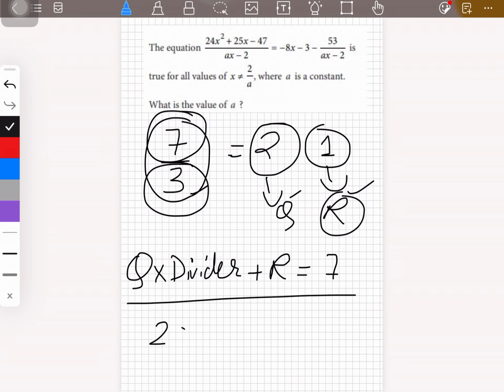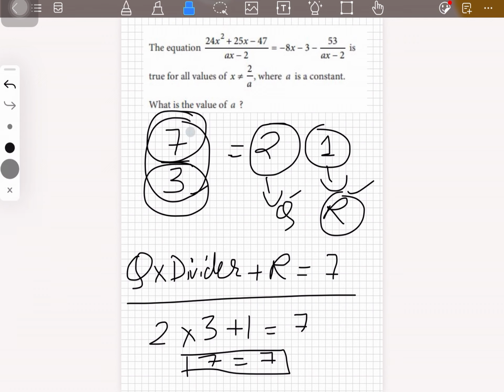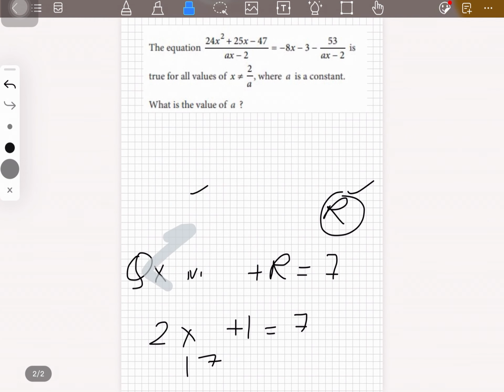So over here it is 2 into 3 plus 1 is equal to 7. 7 is equal to 7. So whatever we thought of is the true way of solving it, isn't it? Yes. So similarly, we can use that understanding to solve this question.